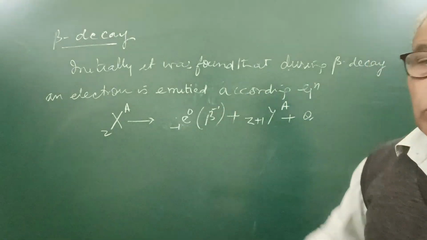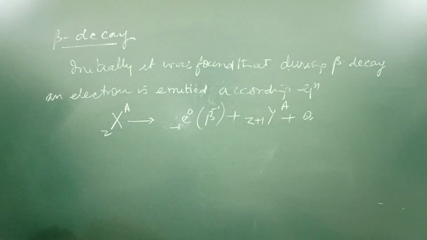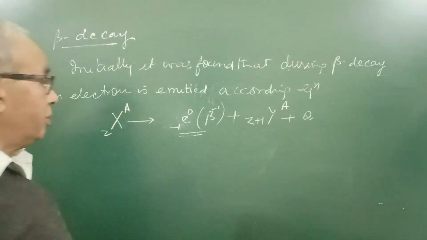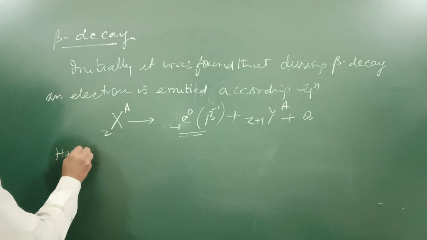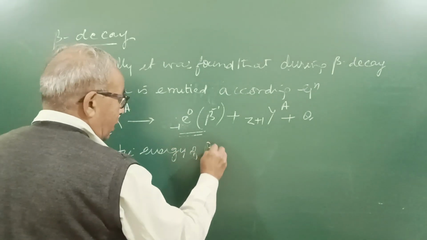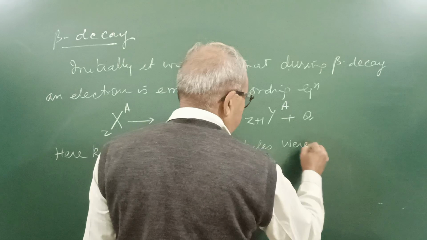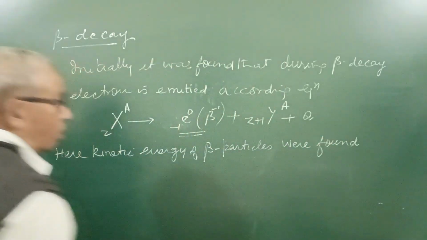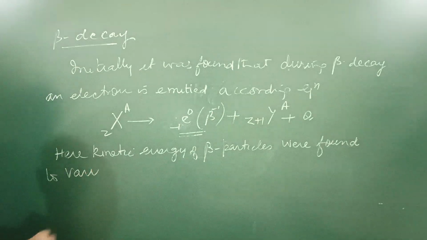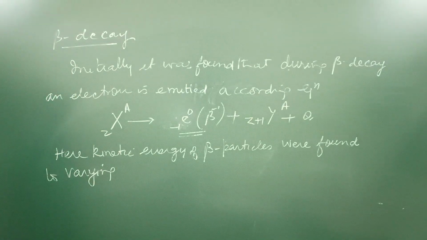And just as I told you that in alpha decay, all alpha particles are supposed to have the same kinetic energy, when the energy of the electrons, the beta particles, was measured, the kinetic energy of beta particles was found to be varying from 0 to a certain maximum value.